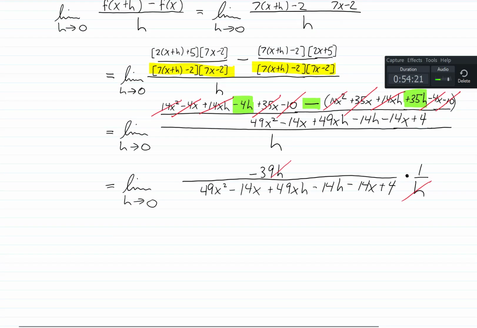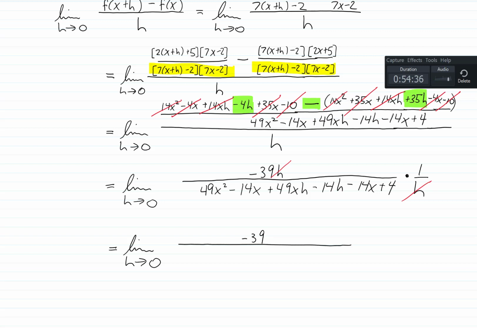Okay, now we're done with all the algebra. We've got it simplified as much as we can. And here's what we're left with. A negative 39 on top of all this business.